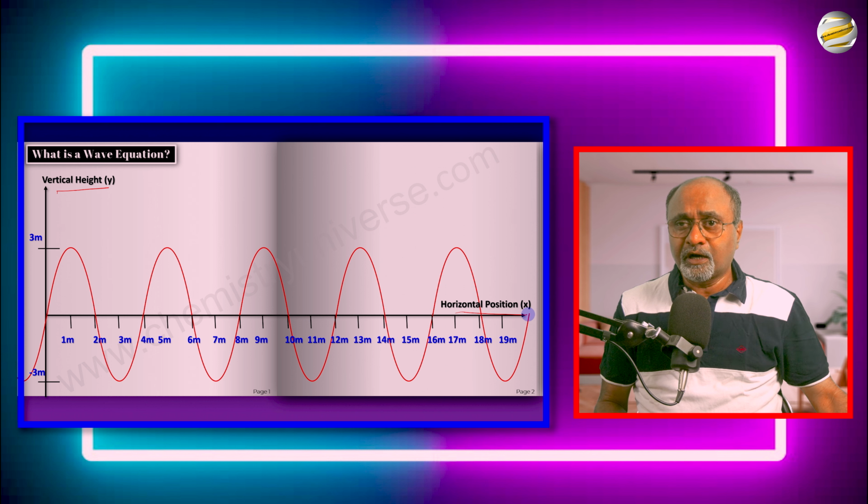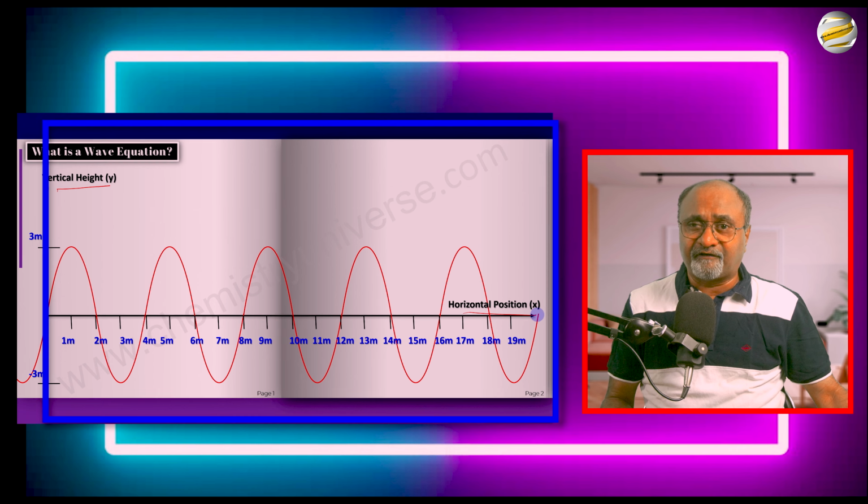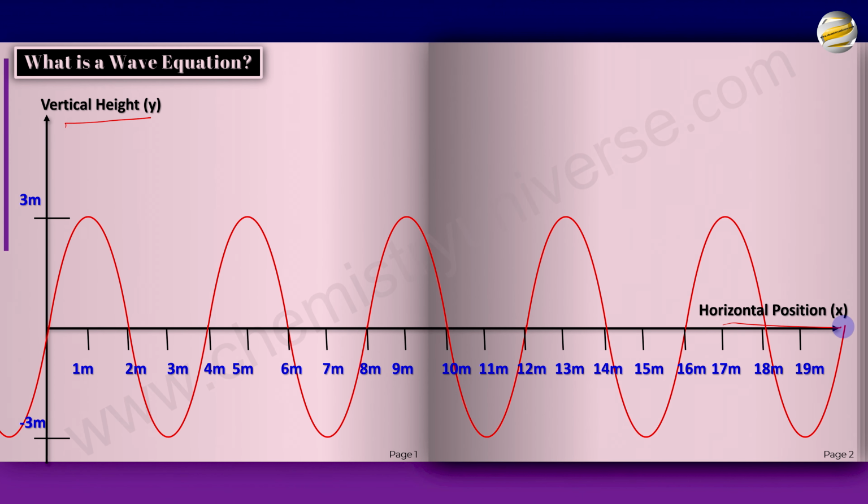So let's assume that as this wave is traveling from left to right, somebody just took a snapshot, an image, and told us, okay, build an equation of this wave. So y with respect to x, what would be that equation?